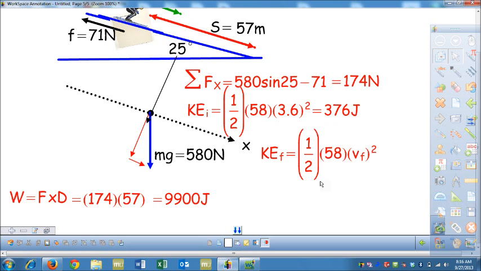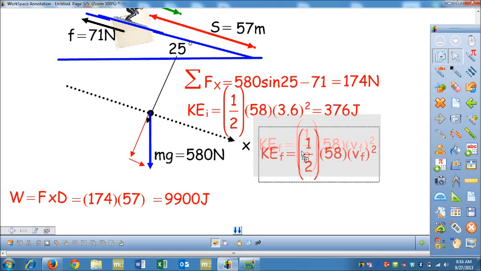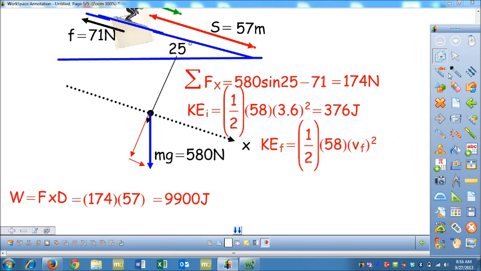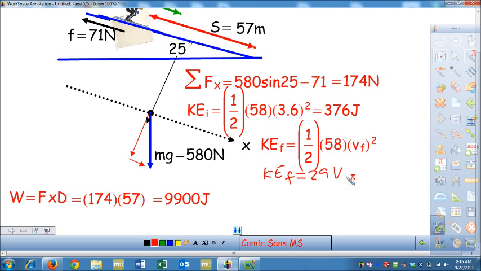Now, 58 times 1/2, 58 times 0.5, that's 29. So let me simplify this first. I can say that kinetic energy final is going to equal 29 v final squared.